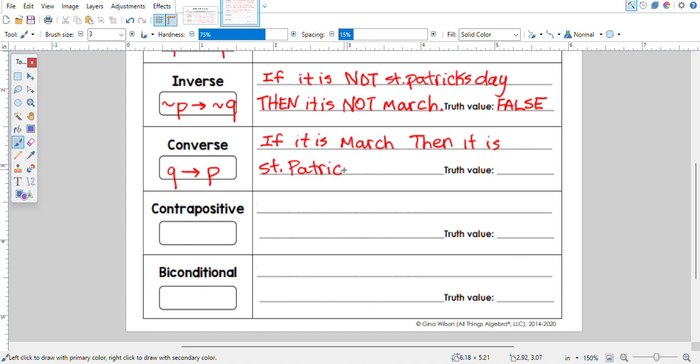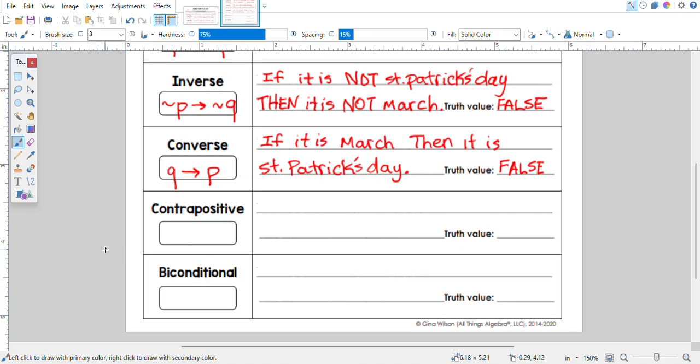If you think about that, if it is March, remember there are 31 days in March, then it is St. Patrick's Day. Not every day in March is St. Patrick's Day. So this truth value is false. You have to think about the statement being made and the condition it's being made in. They are saying that if we are in the month of March, then it is definitely St. Patrick's Day. And that's false. Not every day is St. Patrick's Day.